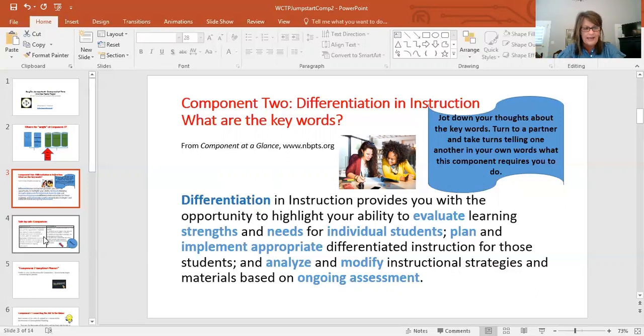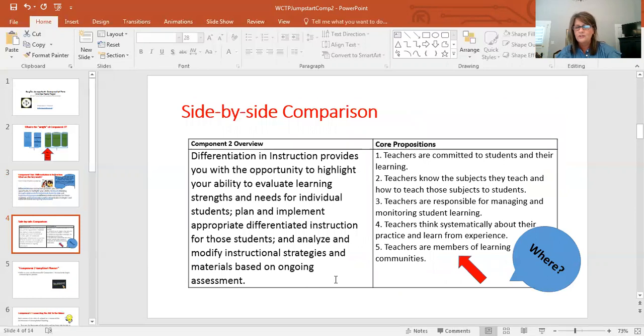As are all of the components, this one is closely aligned to the 5 core propositions. So let's just look at the overview and see if we do not in fact see those embedded already. So committed to students and their learning, you'll show that by showing us how you do differentiate. If you weren't committed to your students and their learning, you wouldn't be designing learning based on their students' individual strengths and needs, right?